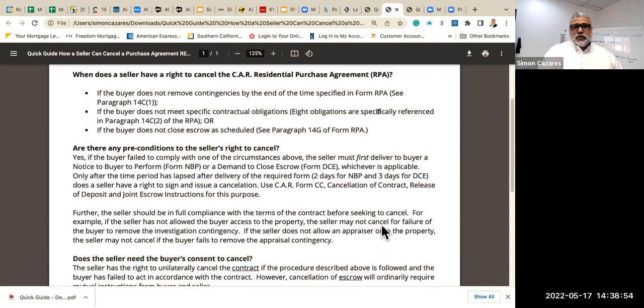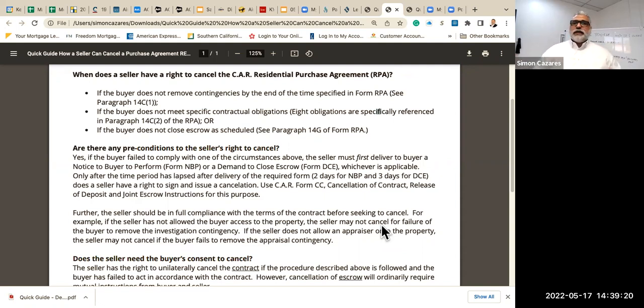notice to perform, or a demand to close, which is better known as the DCE, whichever is applicable only after the time period has lapsed after delivery of the required form, 2 days for the NBP and 3 days for the DCE, meaning 48 hours for the notice to perform on either party, or the demand to close, which is 72 hours.